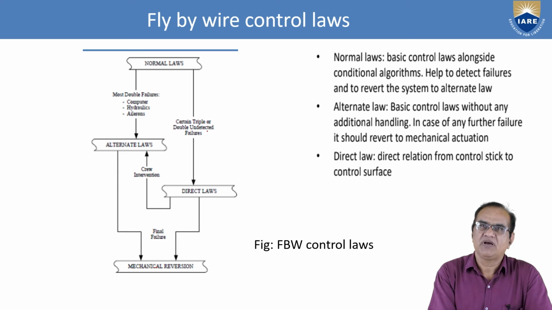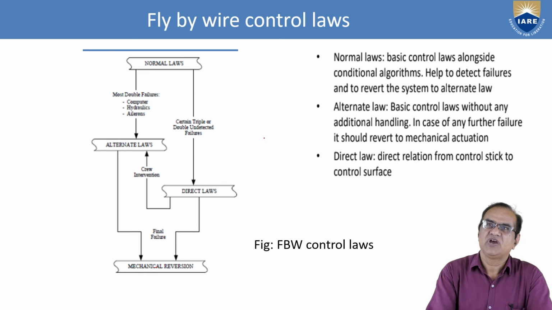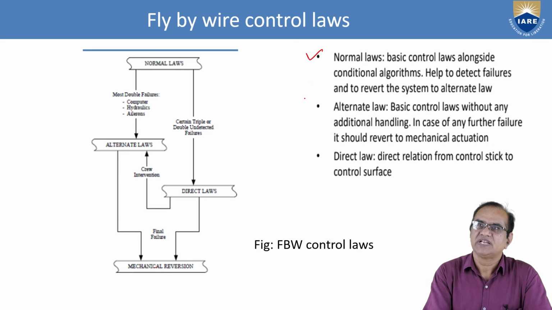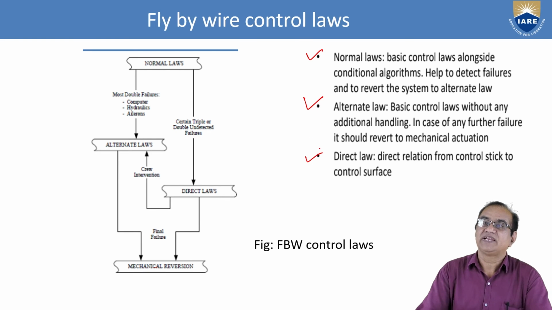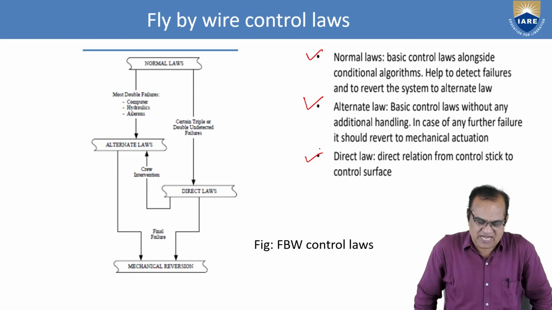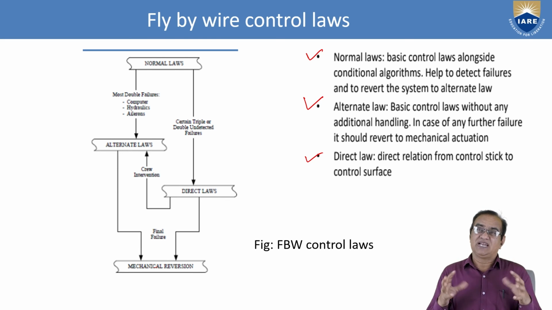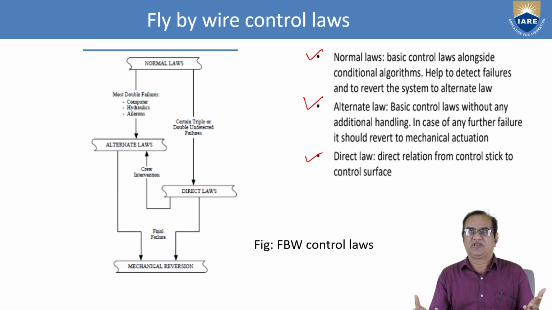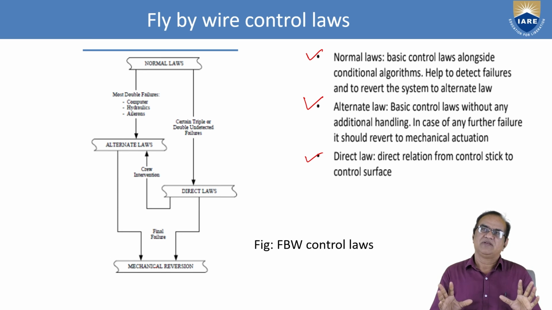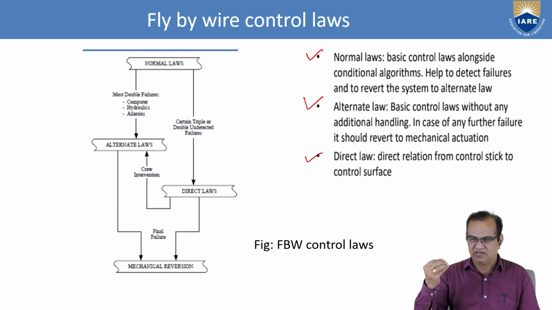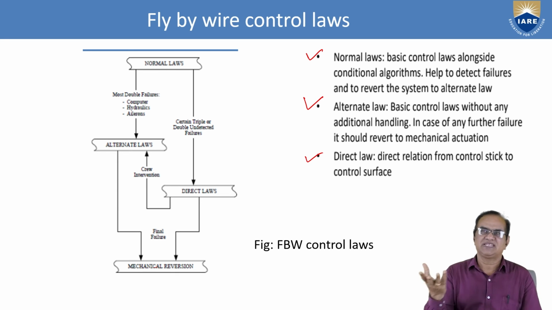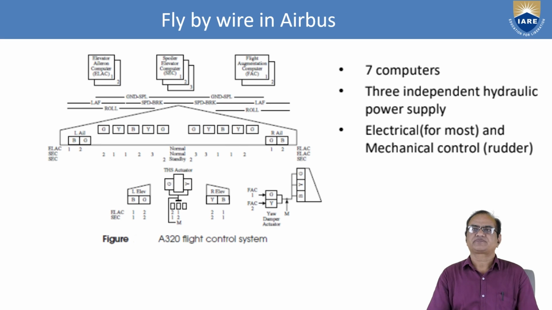Certain triple or double undetected failures are coming, and in this way we have three types of laws: normal law, alternate law, and direct law. Direct law means it is directly actuating. Normal law means it is some conditional. If this thing happens, what will happen? Alternate law, basic control laws without any additional handling. Alternate means if one fails, the other will work, like this.